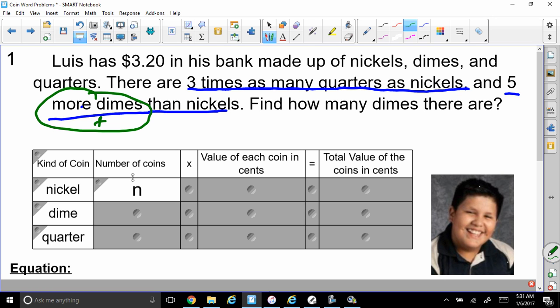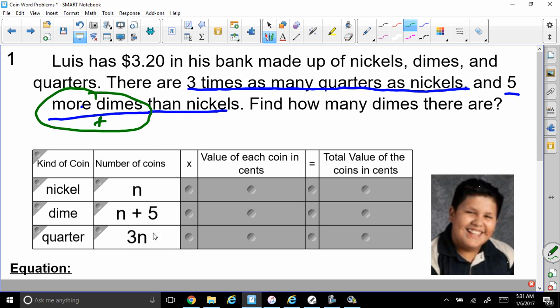So I would say 5 plus the number of nickels, and we called N the number of nickels, so that would be N plus 5. Now let's look at quarters. 3 times as many quarters as nickels. We don't know how many nickels there are, but we're going to have 3 times as many quarters. So I would make 3 times N to represent my quarters.